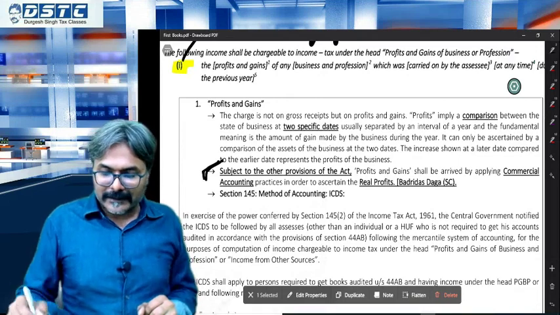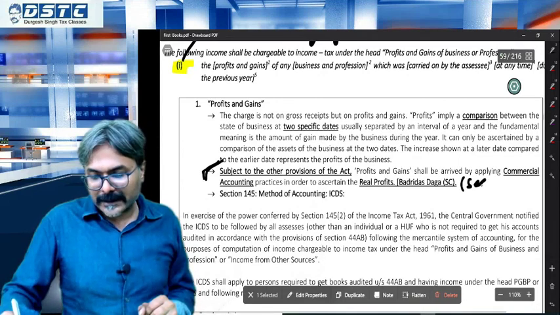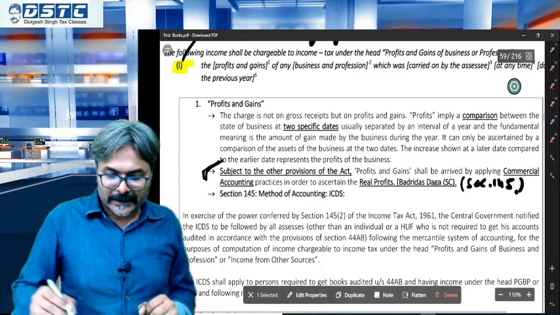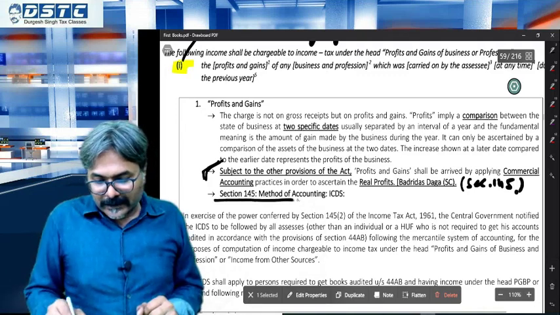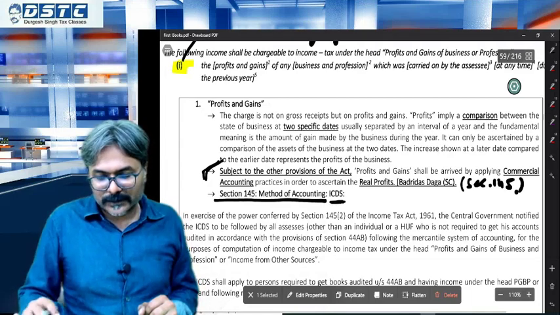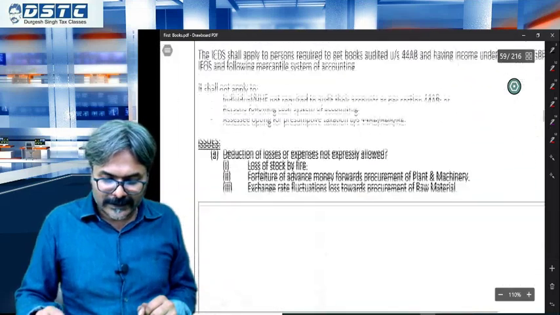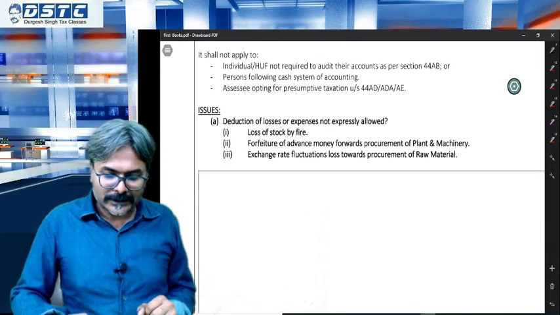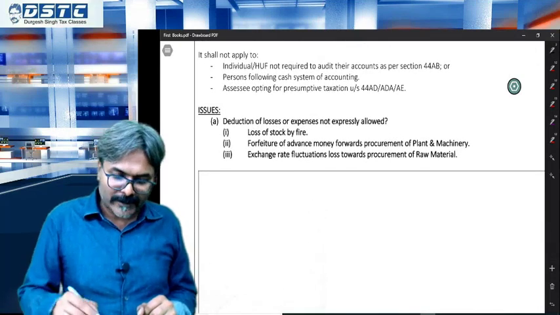Okay, and this is as per section 145. So the method of accounting, which also includes ICDS, we will take after the break. But students, the first point given here is loss of stock by fire.